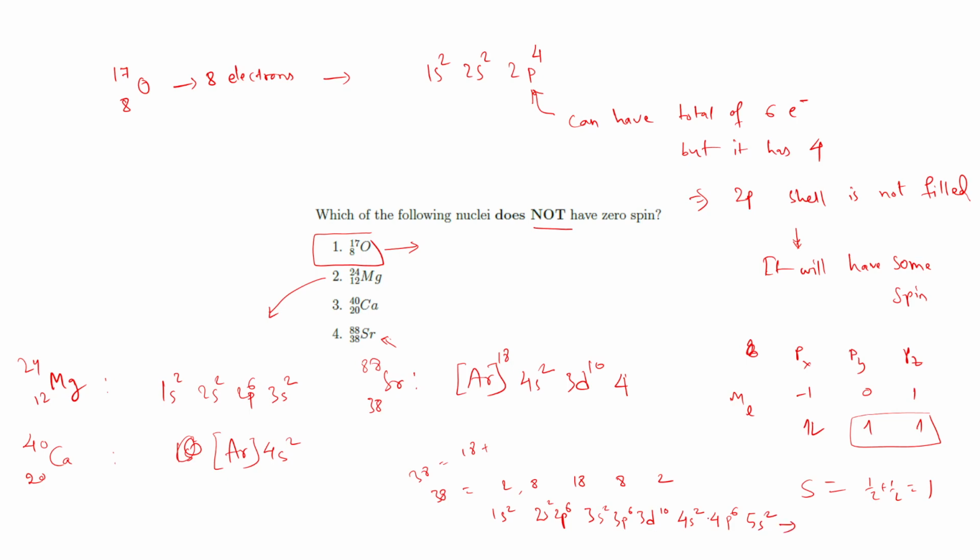This is the electronic configuration of strontium, in which you see all the shells are filled. So it has a zero spin.